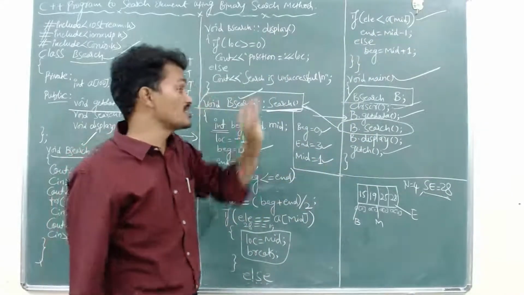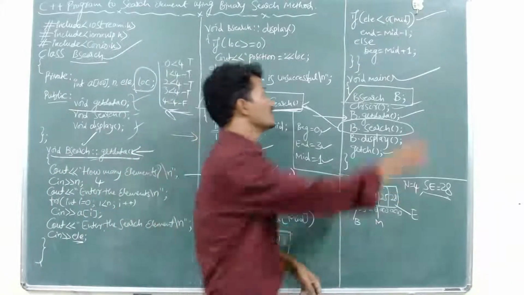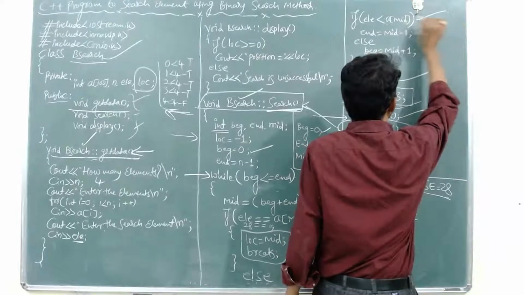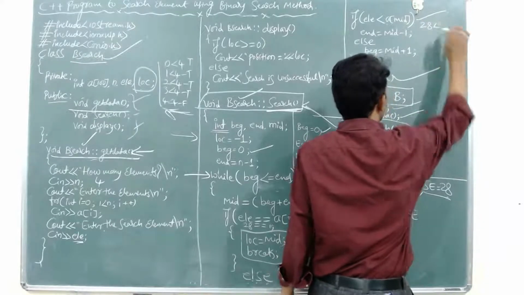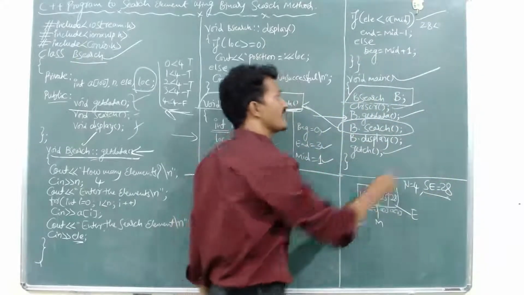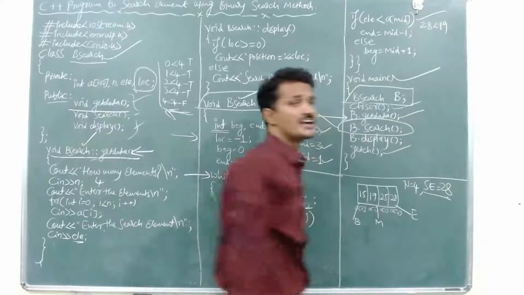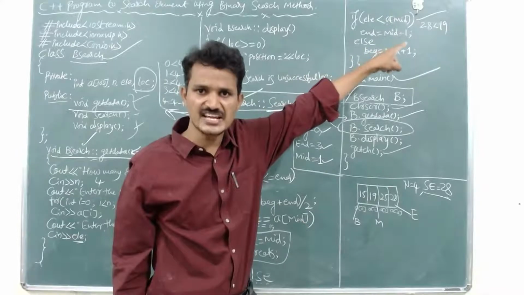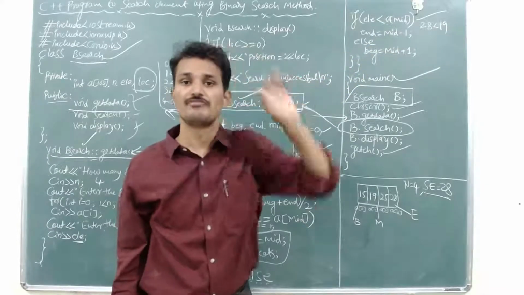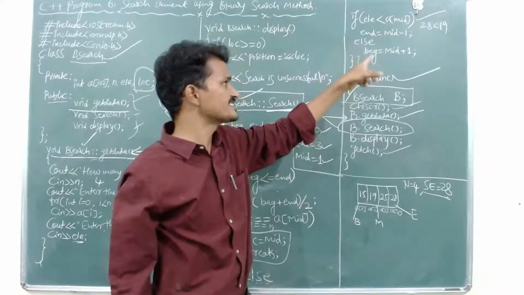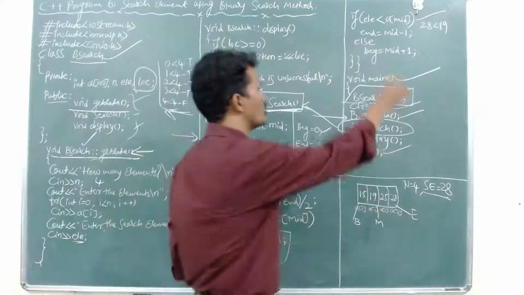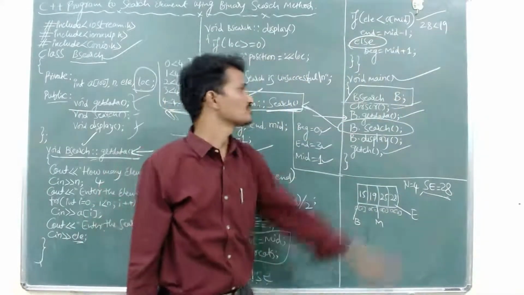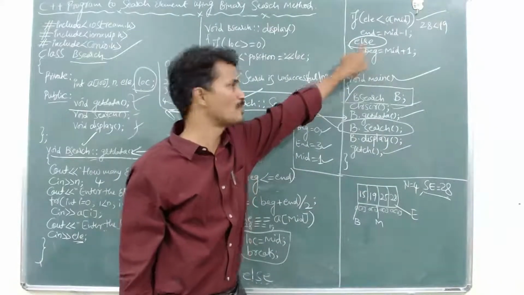What is the value stored in a of 1? 90. 28 is less than 90. Condition false. Condition false means I am going to execute after the else part.